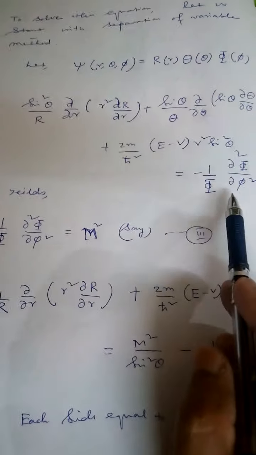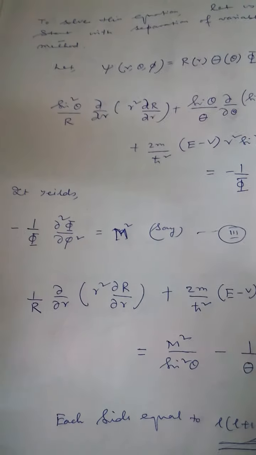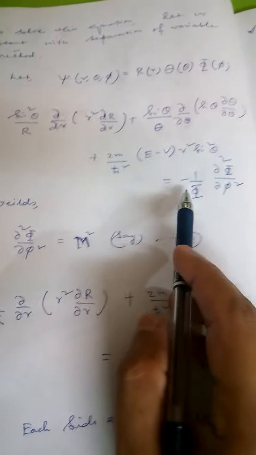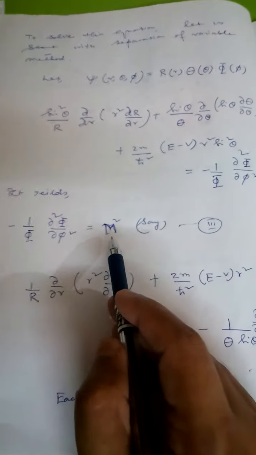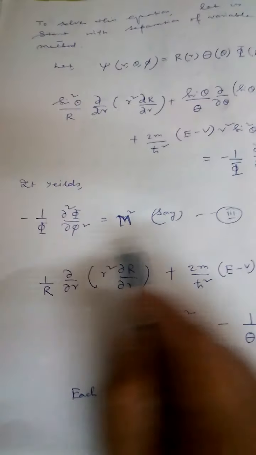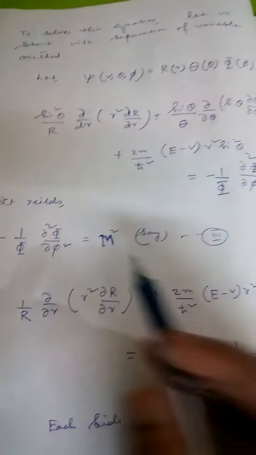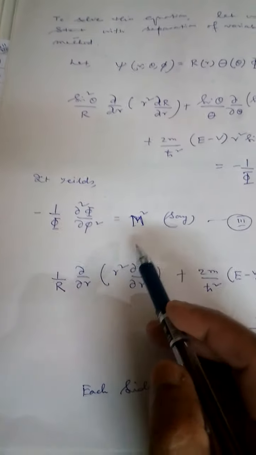So each side should be equal to a new constant number. Let it be capital M². So you may write −(1/Φ) ∂²Φ/∂φ² equals M², and the left hand side also equals M². This is the policy of the separation of variable method.